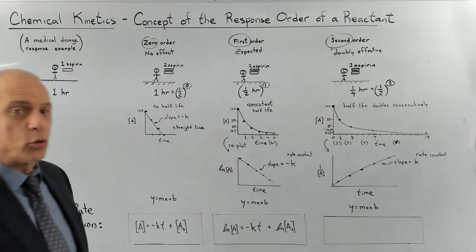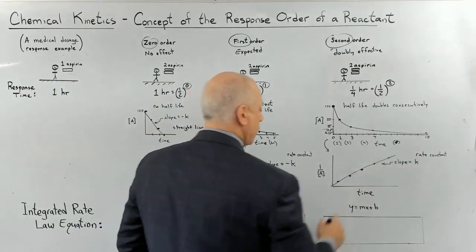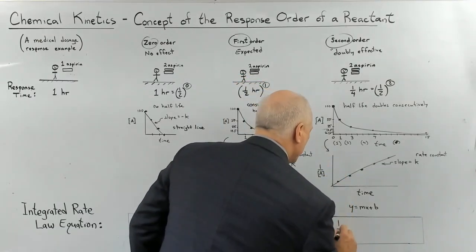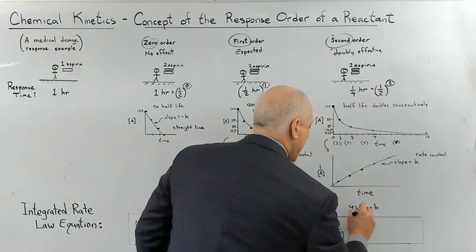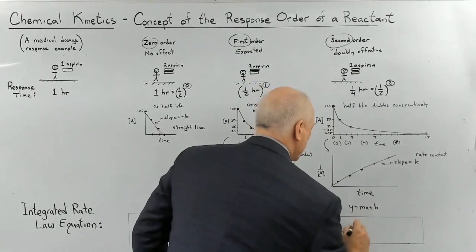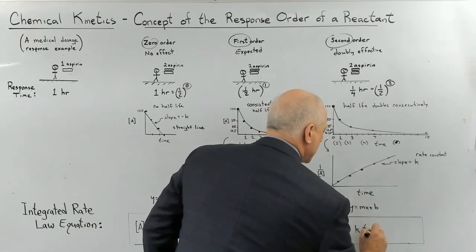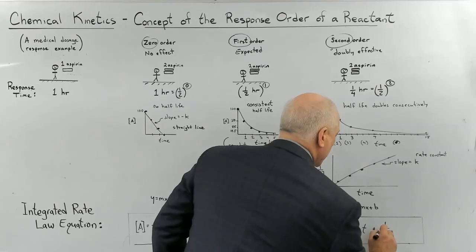And that's our first order integrated rate law. And then our second order integrated rate law, once again, y equals mx plus b, where y is 1 over A, m is the slope, but this is a positive slope, so that's k, times t, time, plus 1 over the original concentration of the aspirin.